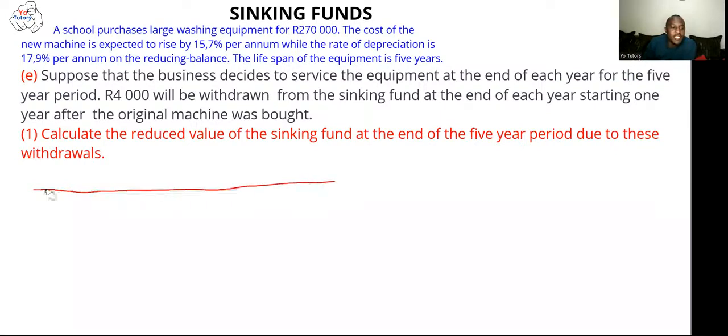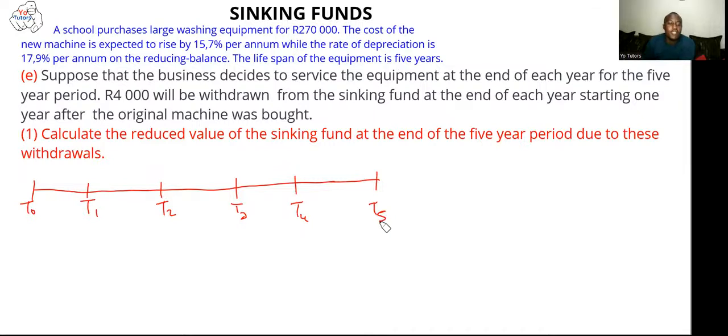Now, what happens is that let's just draw our timeline again here. So we have T0, T1. Let's talk of this one in terms of years, 5 years. T2, T3, T4, and T5.